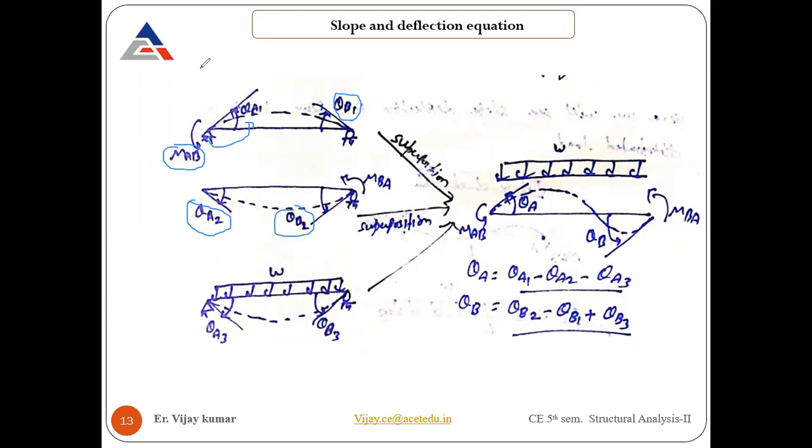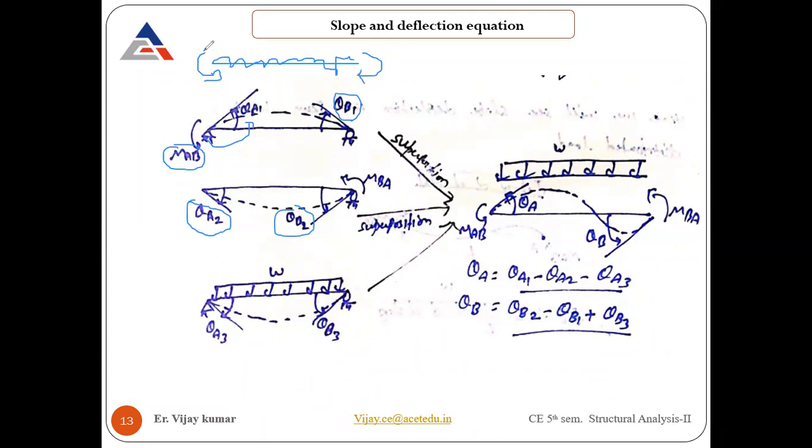Let me draw the beam, how it looks. That's the beam, and we have the UDL over the beam. There are moments acting here, one in this direction and one in the other. So this is the complete beam on your screen.